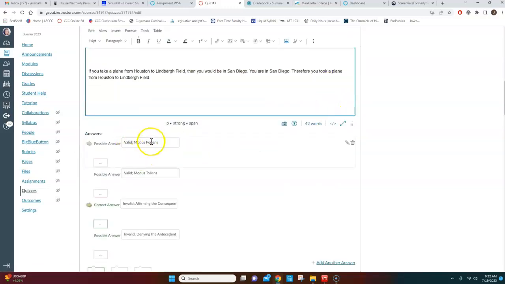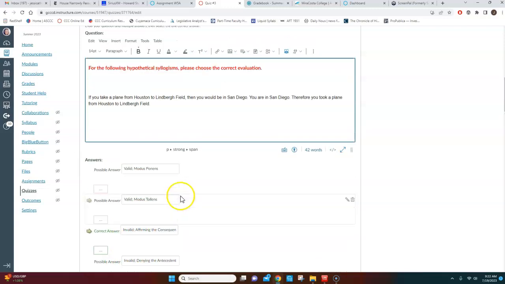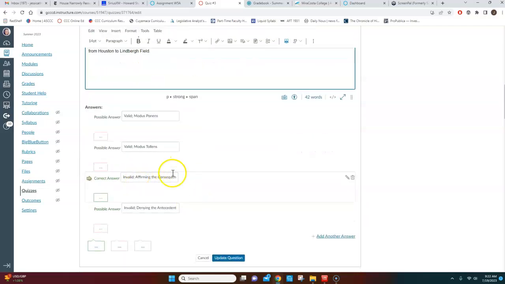Is it valid modus ponens, valid modus tollens, invalid affirming the consequent, or invalid denying the antecedent? This one happens to be invalid affirming the consequent. You've got if X, then Y, therefore X, and that fits this pattern here.